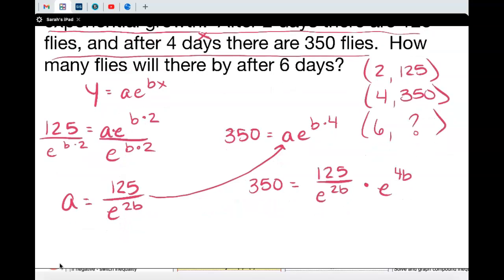Okay. So this equation, I now need to solve it for b. So I would like to combine e to the 4b power and e to the 2b power. Okay, so I want to combine the exponents, but they're not being multiplied together. One's in the numerator, one's in the denominator. So we're going to do something different.